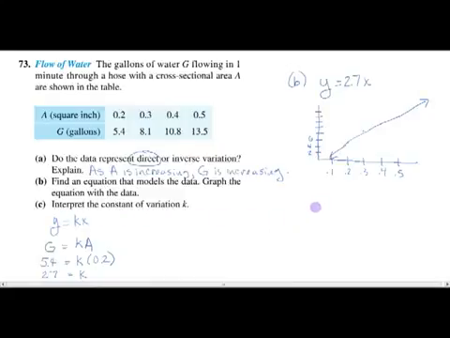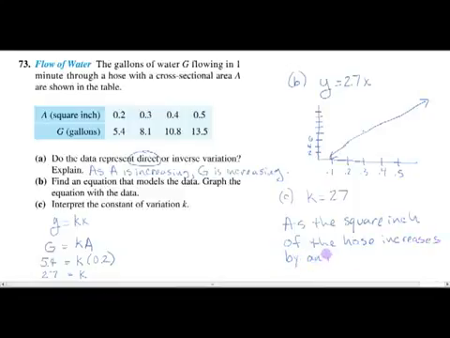Let's interpret the constant of variation K. So our K we know is 27. What does that mean in the context of this problem? It means that as the square inches of the hose increases by an inch, the gallons increases by 27.